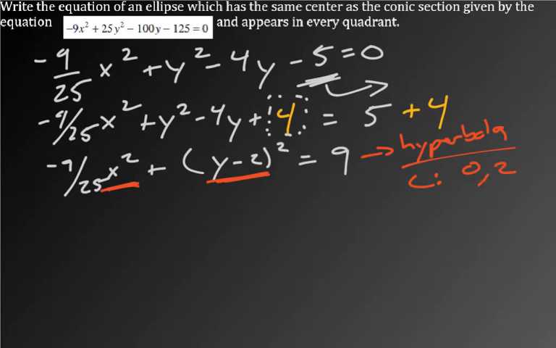So we have 0, 2 is the center. And so I just need to write an equation of an ellipse that has a center of 0, 2, but it's large enough to be in every quadrant, right? So here, let me draw this. So center at 0, 2 would be right about there.